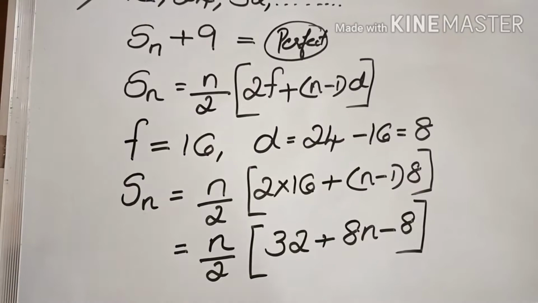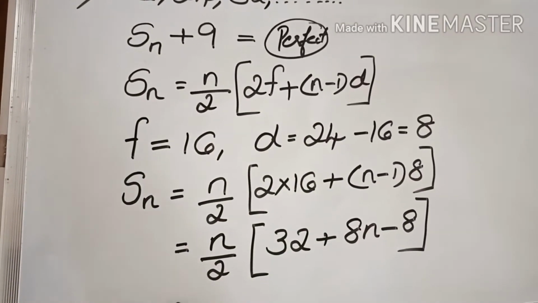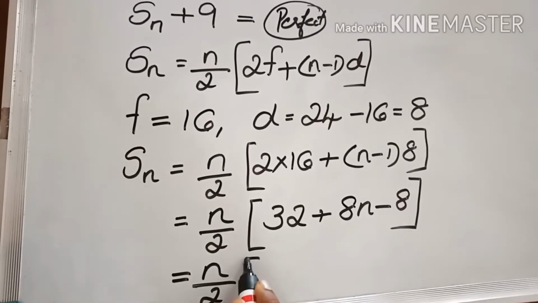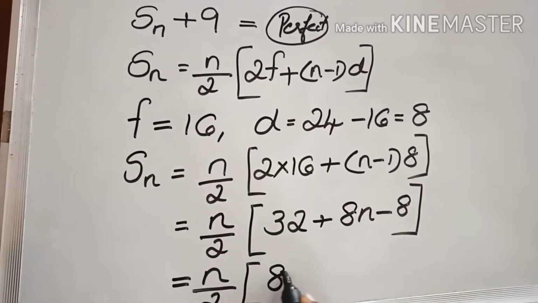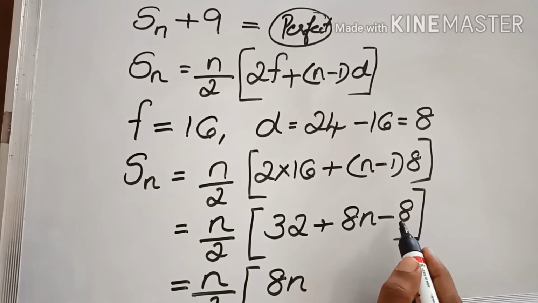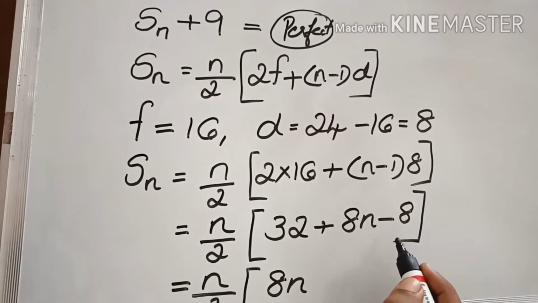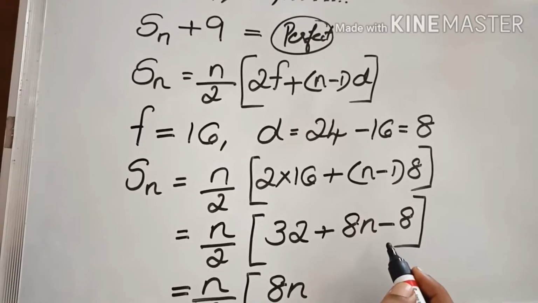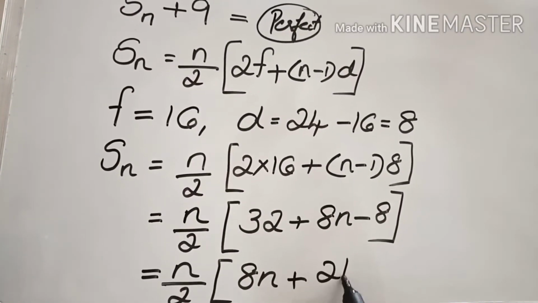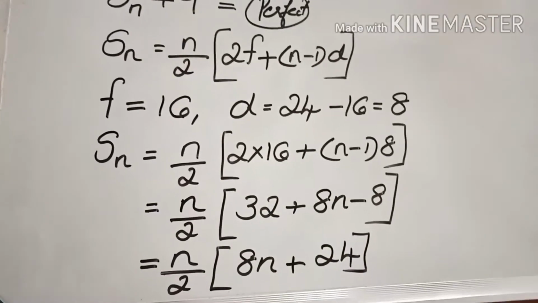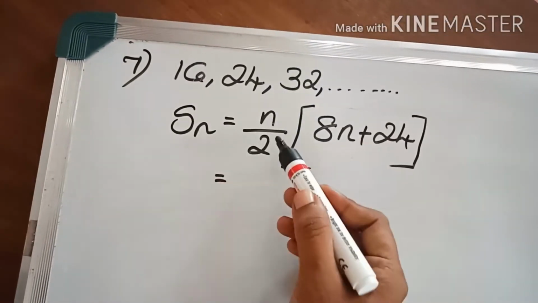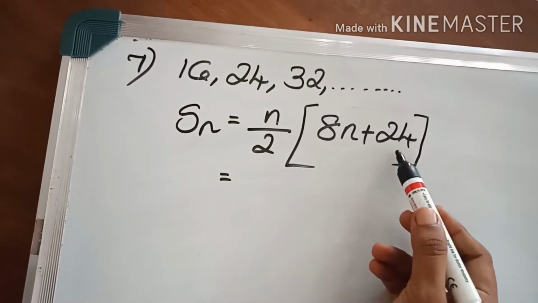So 32 plus 8n minus 8, that is equal to n by 2 into 8n, then 32 minus 8. What will be the answer? 32 minus 8 is 24. Now we got Sn is equal to n by 2 into 8n plus 24.